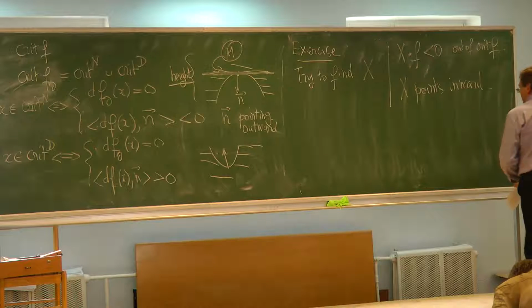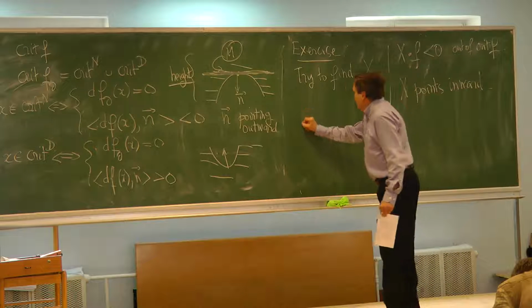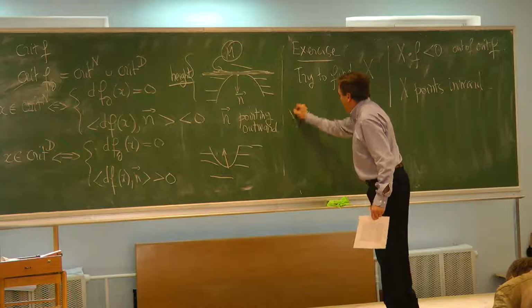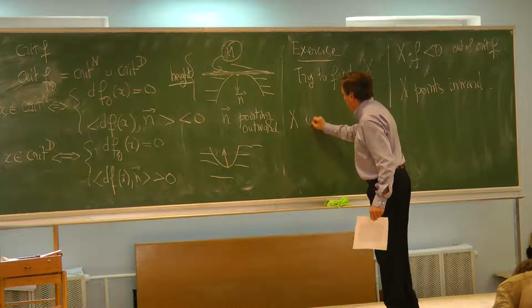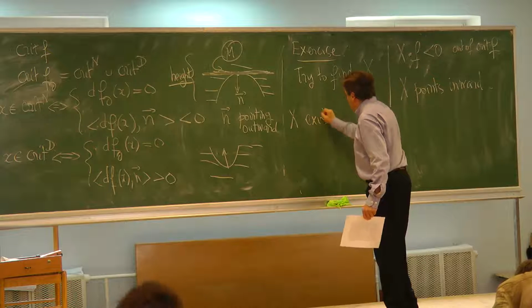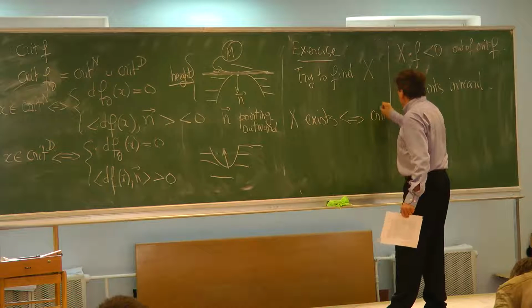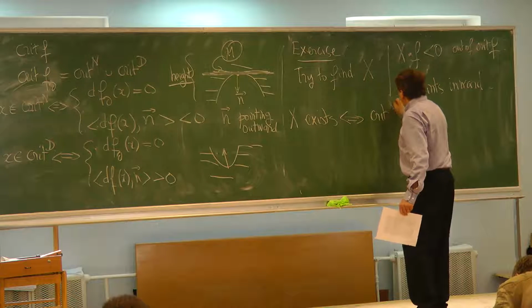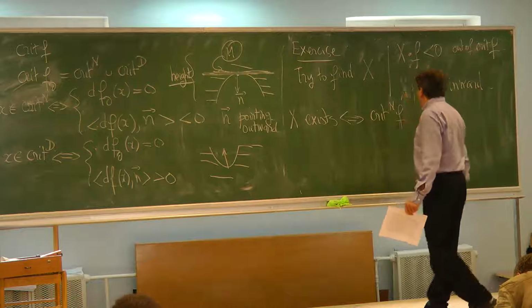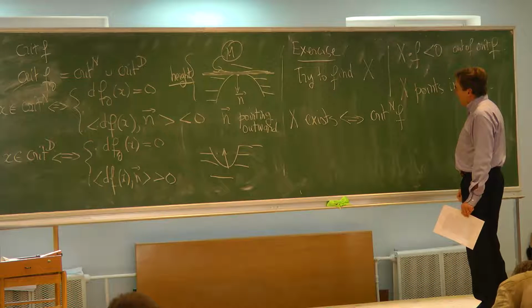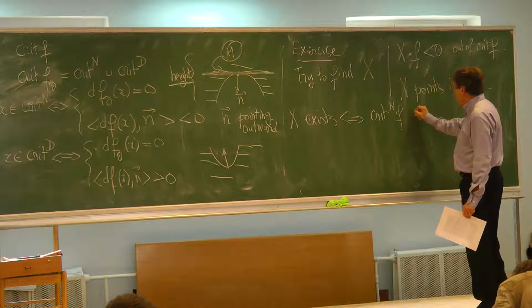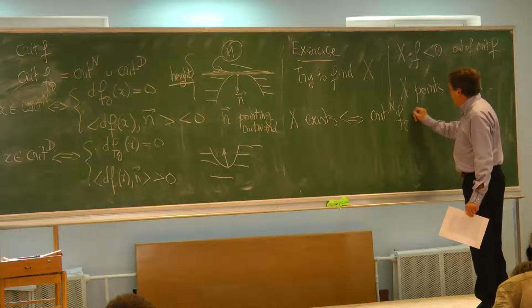So, such an x exists if and only if the critical point set of type Neumann is empty.